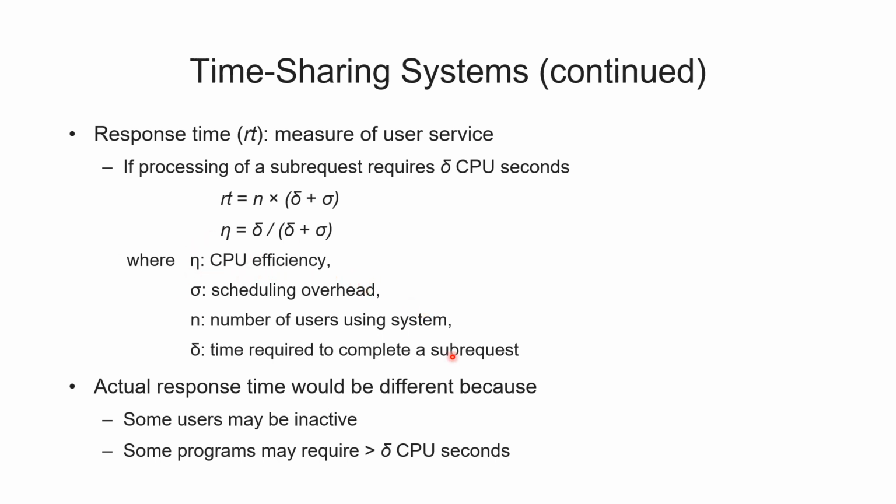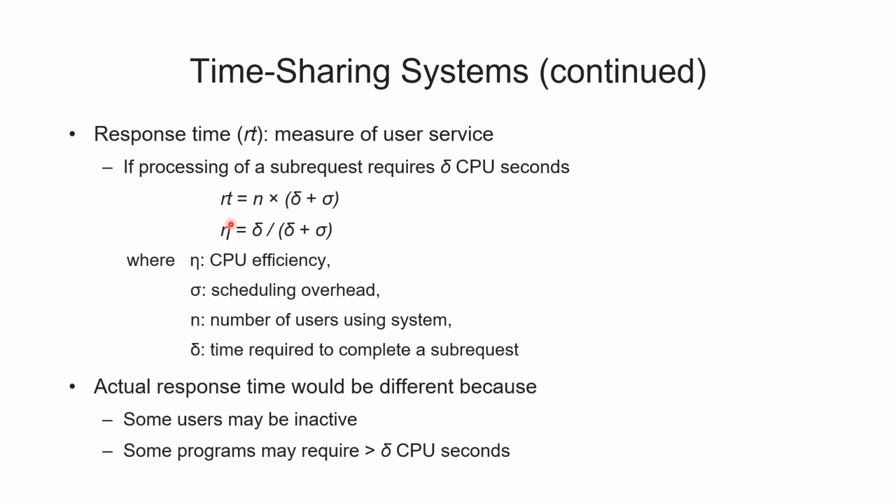Based on that, the response time is equal to n, the number of requests, multiplied by delta plus sigma, the time required to complete the CPU operations plus the scheduling overhead. This is my response time.